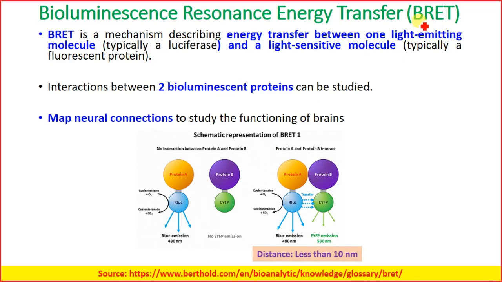Then we talked about BRET, and we have seen that BRET is basically used to understand the interactions between two proteins. If the distance between the two proteins is less than 10 nanometer, then there is a transfer of energy from the R luciferase to the fluorescent protein EYFP, enhanced yellow fluorescent protein.